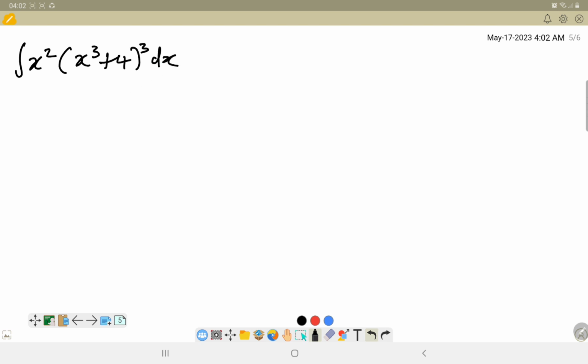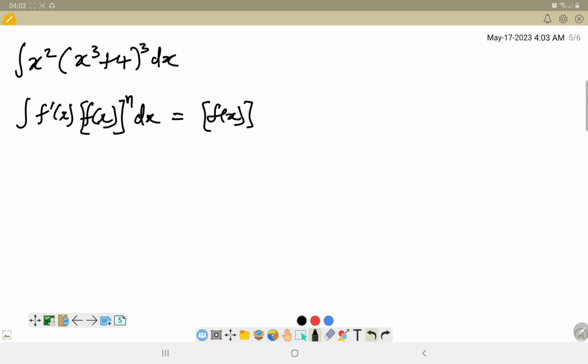So if we apply formula number 2, which was the integral of f prime times f to the power n dx, which works out to be f to the power n plus 1 over n plus 1 plus c. So this formula says that on the side they must sit exactly the derivative of f of x.